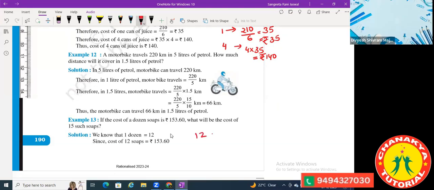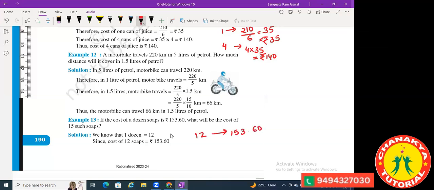Yes, do the calculation. 12 soaps are costing this much, so you will find the cost of one soap, which is 153.60 divided by 12. Then you multiply that value with 15 such soaps.